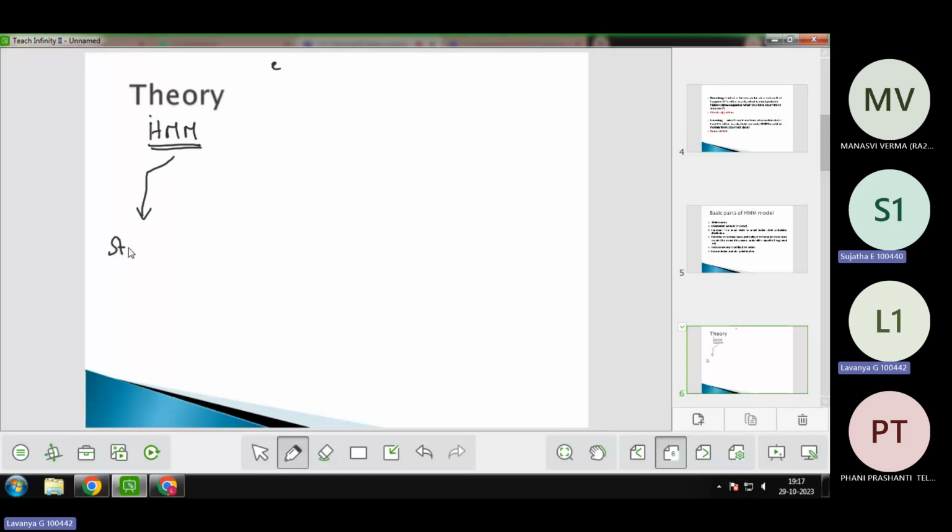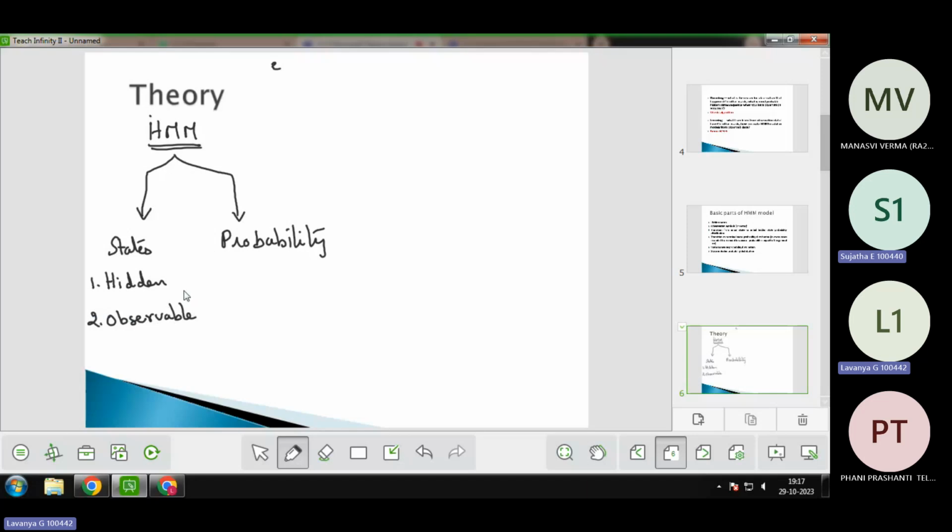One is the states that you are going to have under the model. The other is the probability-related issue. Under states, in the earlier case, you had only the transition state. Here, you are going to have one hidden state and the other observable. Observable is what you see as output. Hidden is what is happening in the background.